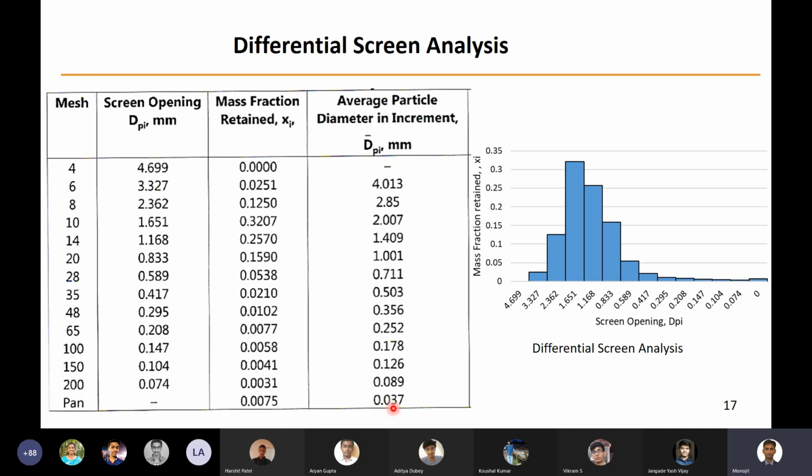Okay, 0.037. How do we get this number? If you might get confused with that, let's take this one, 0.089. How do you get this number?